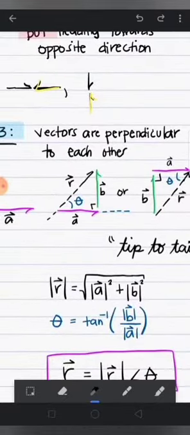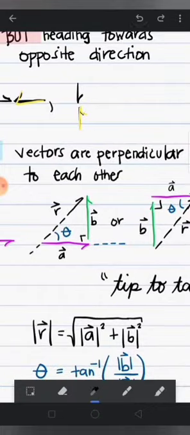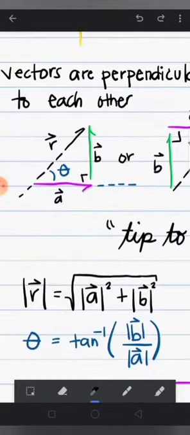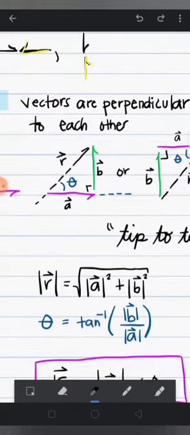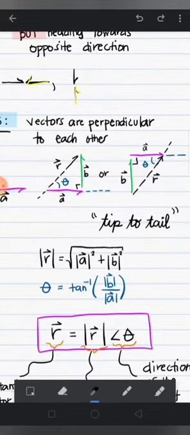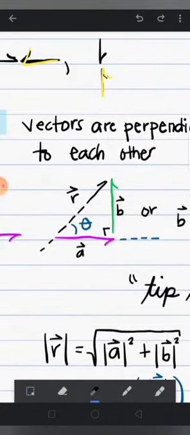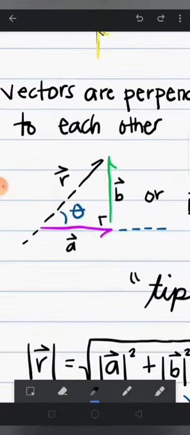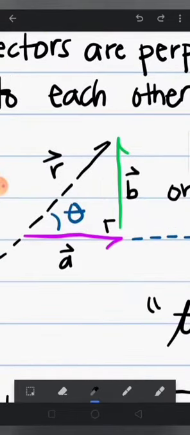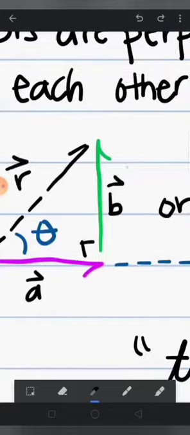To get the magnitude of the resultant, this is the resultant here. Since this is a right triangle, the very useful formula here is the Pythagorean Theorem: C squared equals A squared plus B squared. Or the square of the hypotenuse of a right triangle is equal to the sum of the squares, meaning the square of this and the square of this.